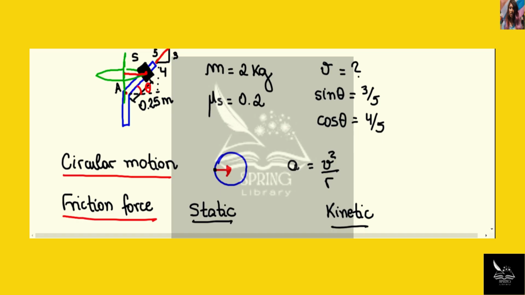In order to find this distance, we can use Pythagoras' theorem, or better, we can use the triangle that was given to us. So this here is theta. So we have that r is equal to 0.25 times the cosine of theta. So it's 0.25 times 4/5, so that's 0.2 meters. So that's r.